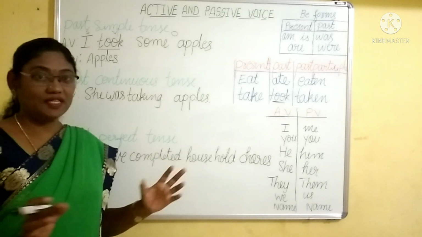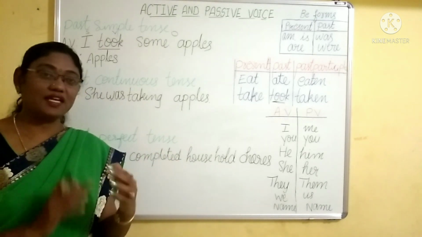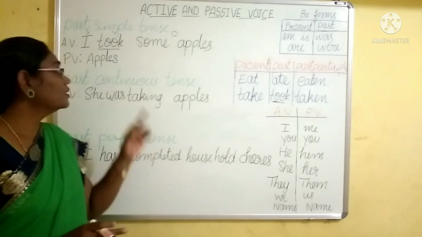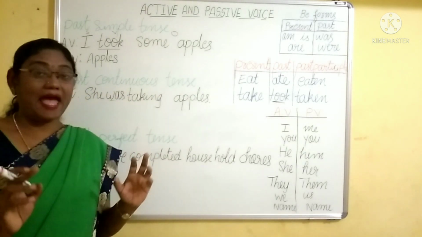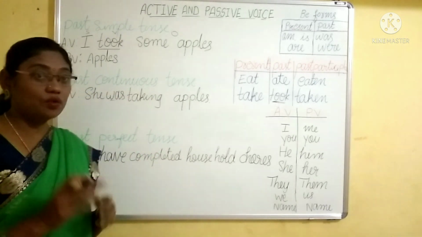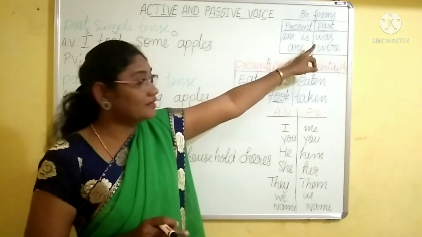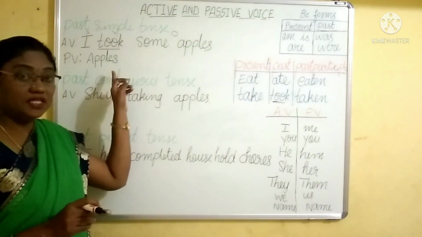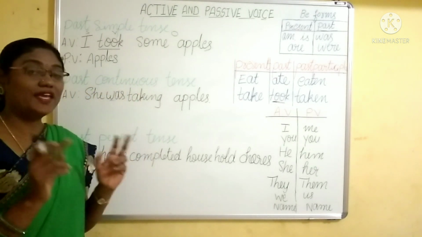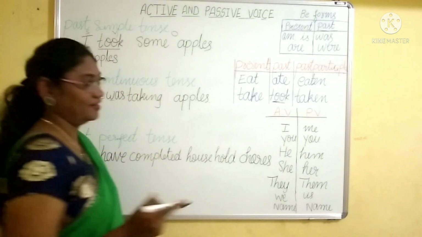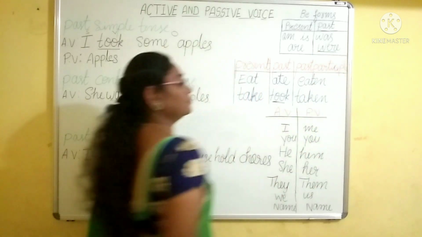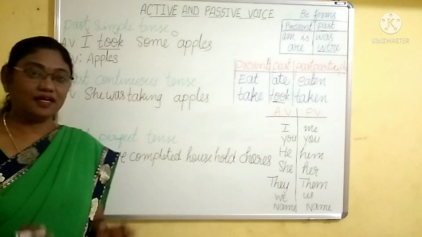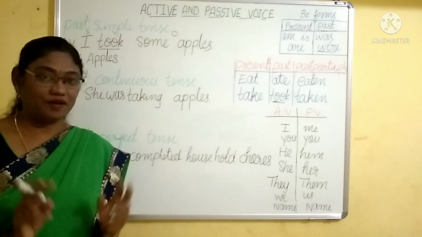Apples. That is not only one apple. More than one apple, right? So if there was only one apple, we could have selected was. Because the subject is plural, we have to select were.